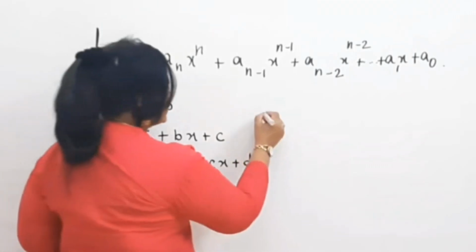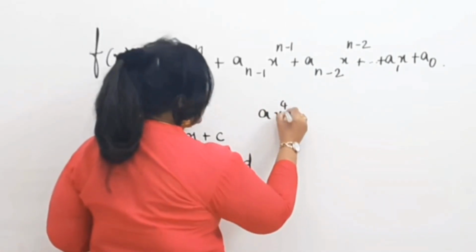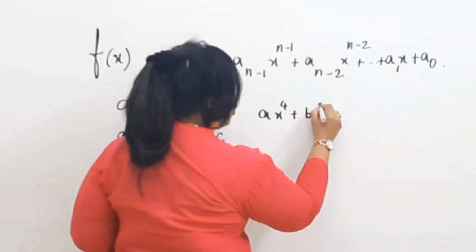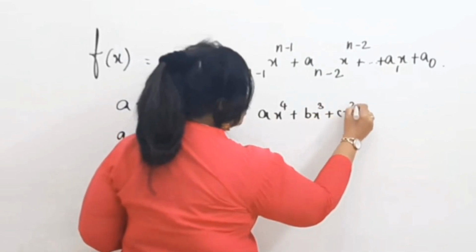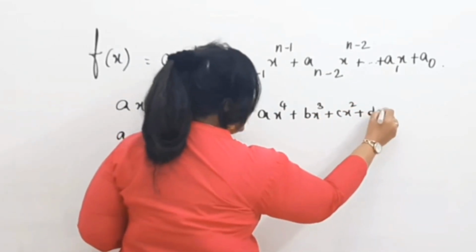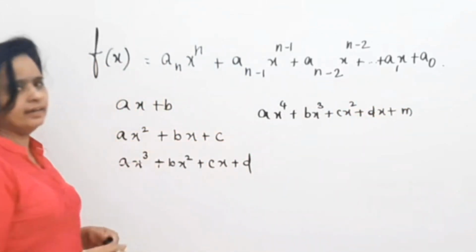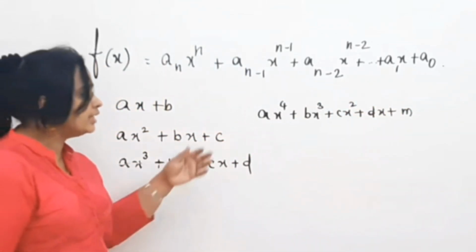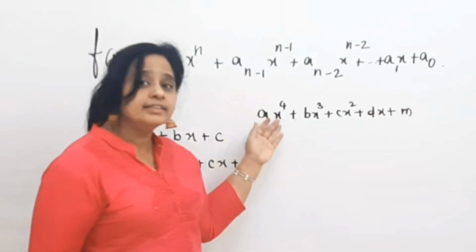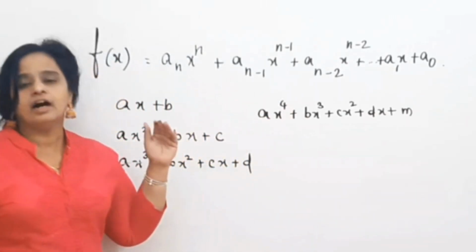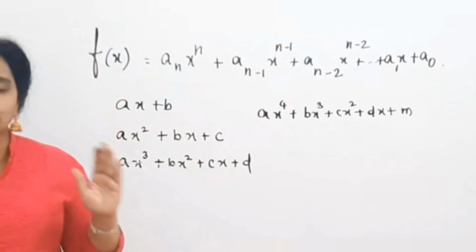I extend my polynomial with the power: ax to the power 4 plus bx cube plus cx squared plus dx plus some real number, which is the constant. Then we say that this is a biquadratic polynomial. So the highest power of the variable is 4.